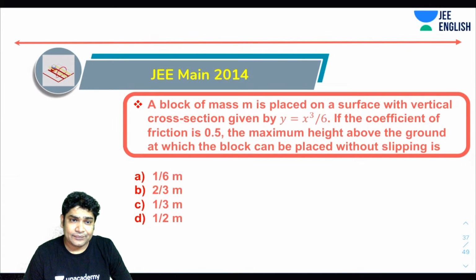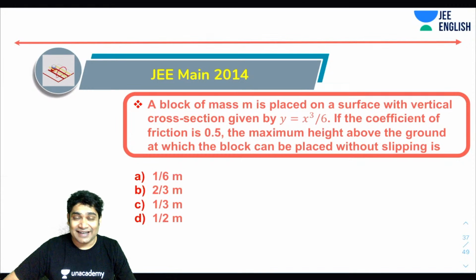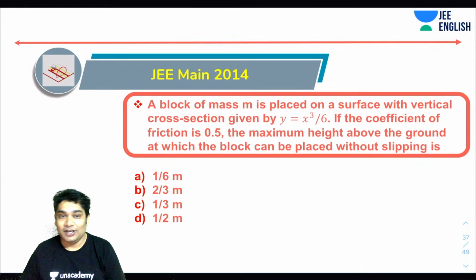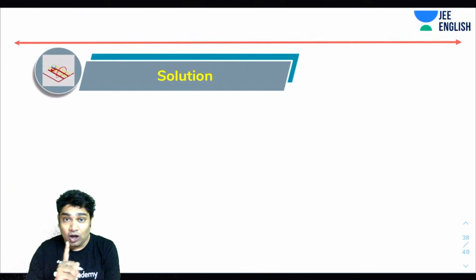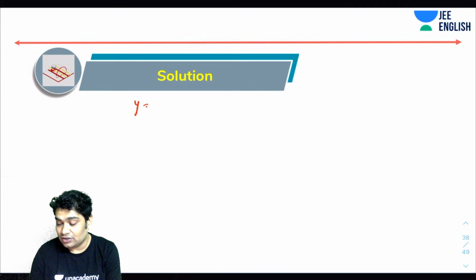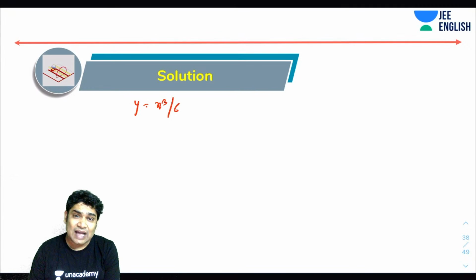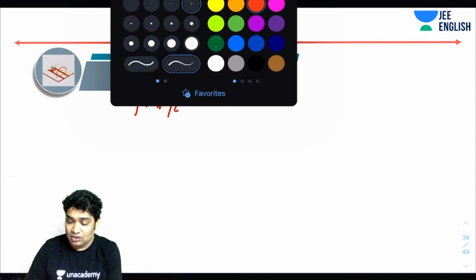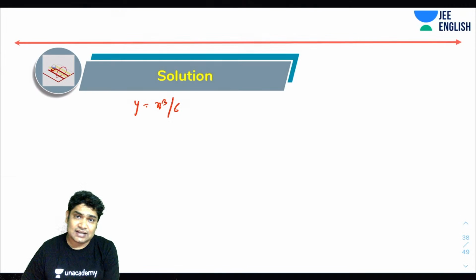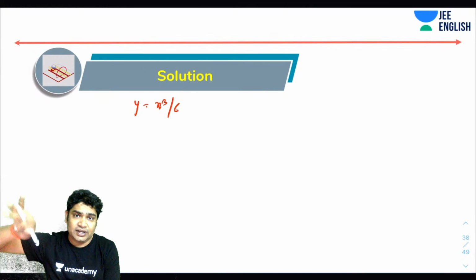Let's see. Go on. This is a slightly tricky problem, but that doesn't mean it should scare everybody away. So the equation of the cross section is given to you, y equals x cube over 6. What is happening is that the slope of this cross section is constantly changing, right? You can think of this as an incline whose slope is constantly changing.